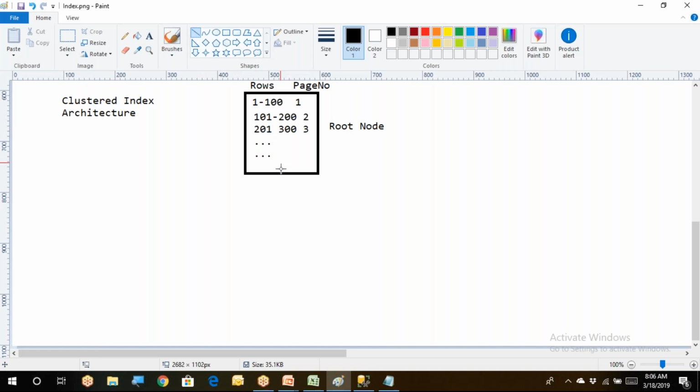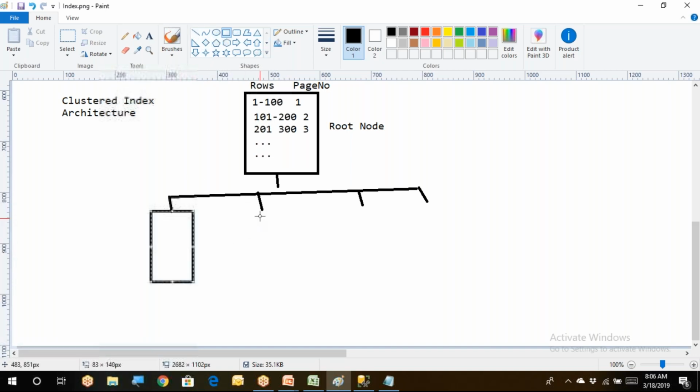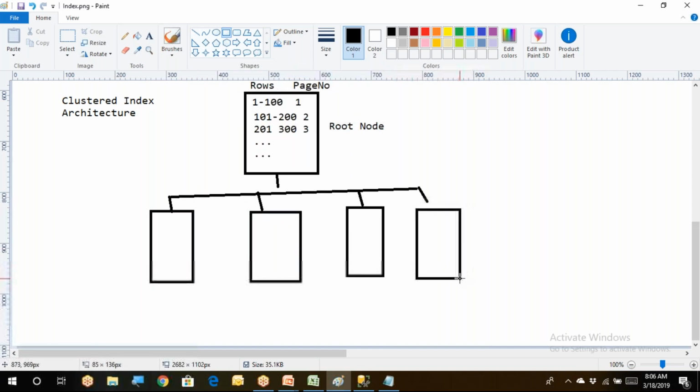Then later you will have intermediate pages. Some pages are available intermediately, and here the pages are going to be like this. A lot of intermediate pages are available here.